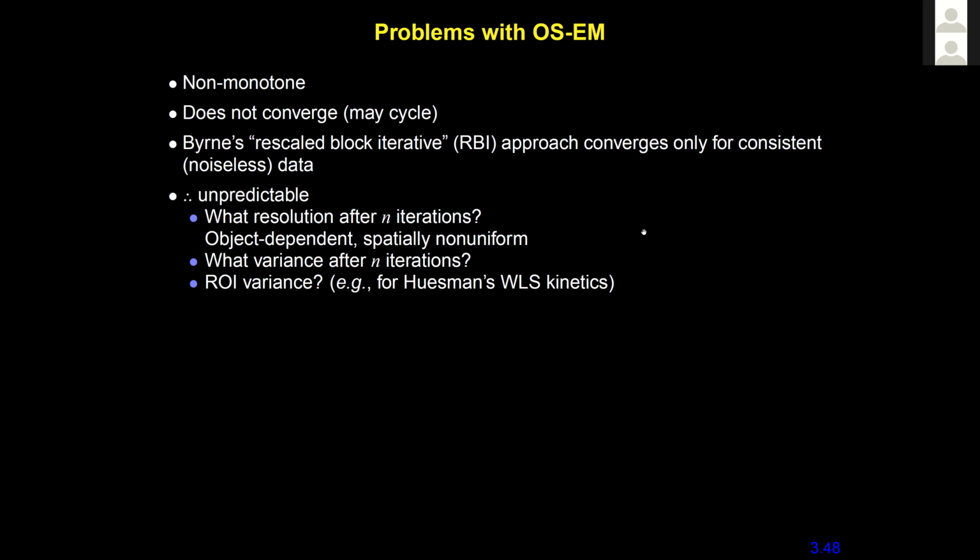It's also unpredictable, right? It doesn't converge and the loss function changes all the time. So you don't know what the resolution is after an iteration, or what the variance is after an iteration. And if you want to characterize, for example, the quantitation of a tumor region, you don't know what the variance is. So these are the problems with OSEM.